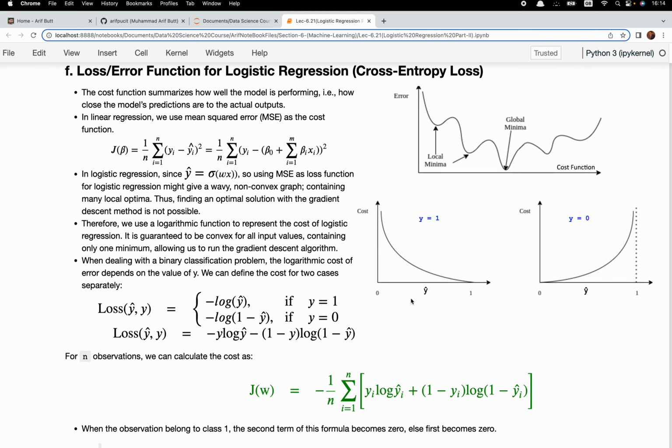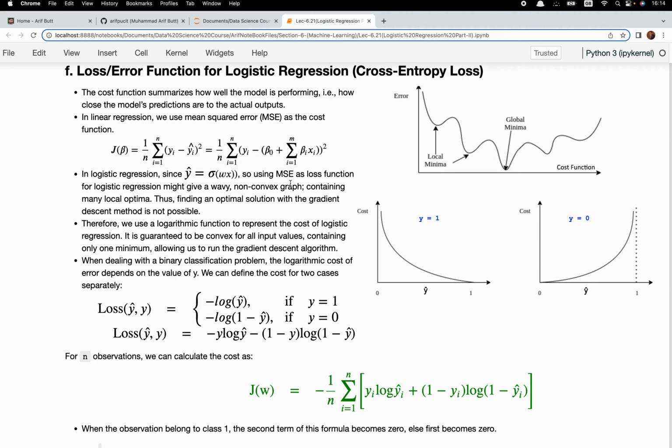Okay, my dear students, I think I have set the stage right to describe the loss or error or cost function that is commonly used for logistic regression and also for neural networks. It is called cross entropy loss or negative log likelihood.